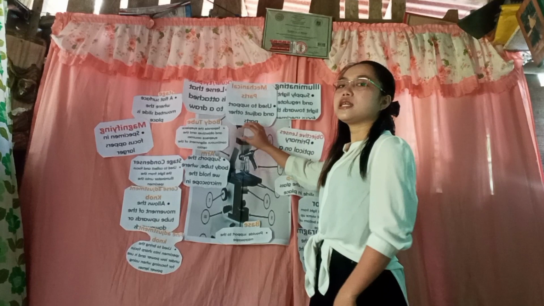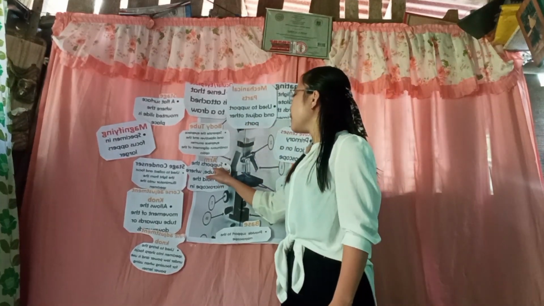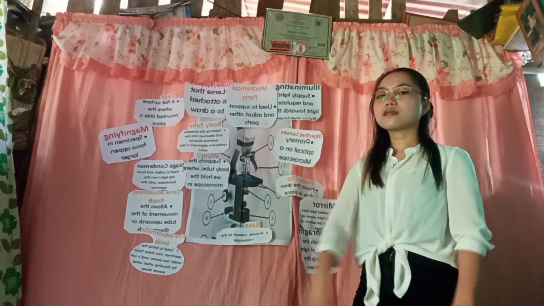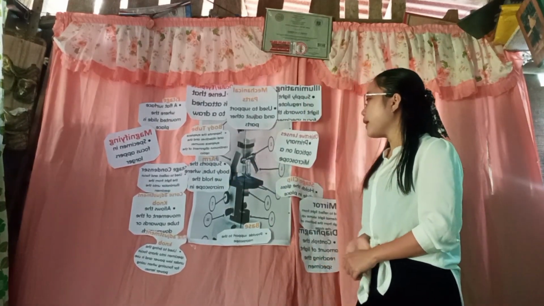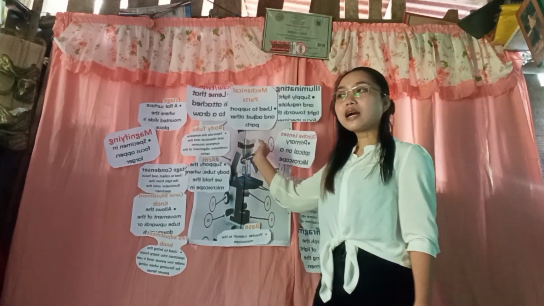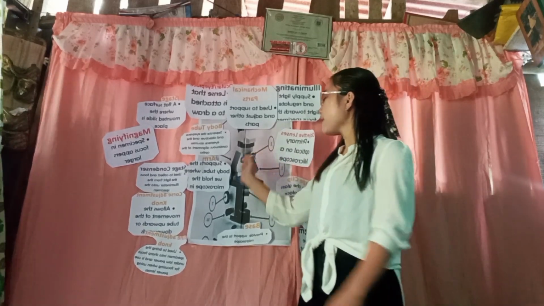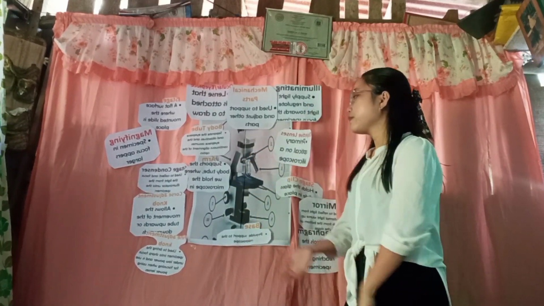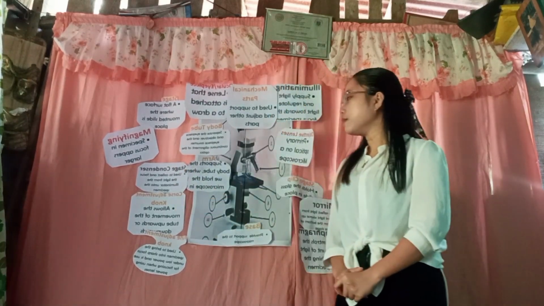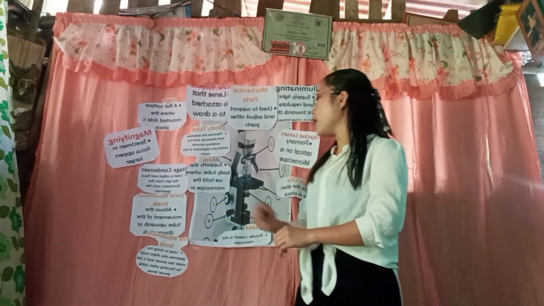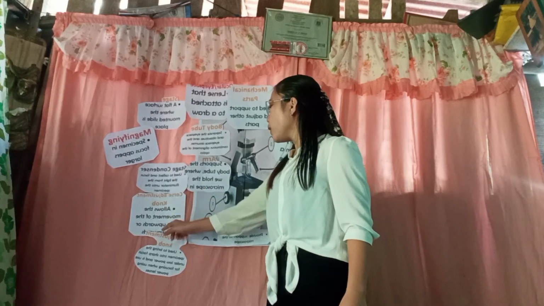As you can see. Then the second is the arm. It supports the body tube, where we hold the microscope. So we should not hold other parts of the microscope. We should hold the arm. Then the coarse adjustment knob allows the movement of the tube upwards or downwards.